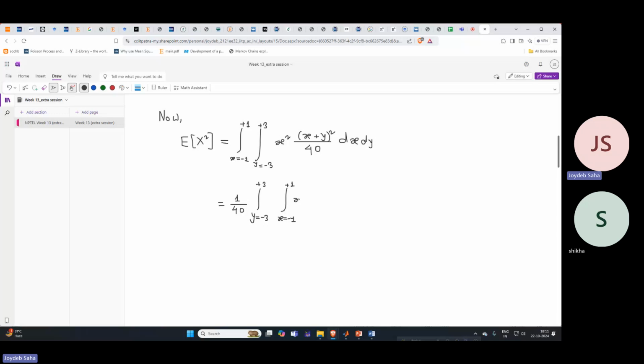This will be x to the power 4 plus 2x cube y plus x square y square, right? dx dy.